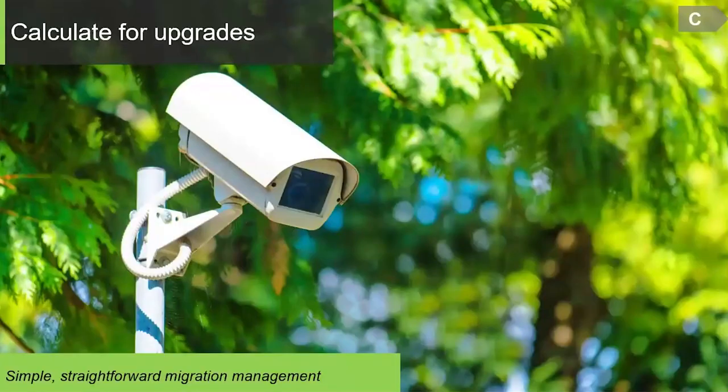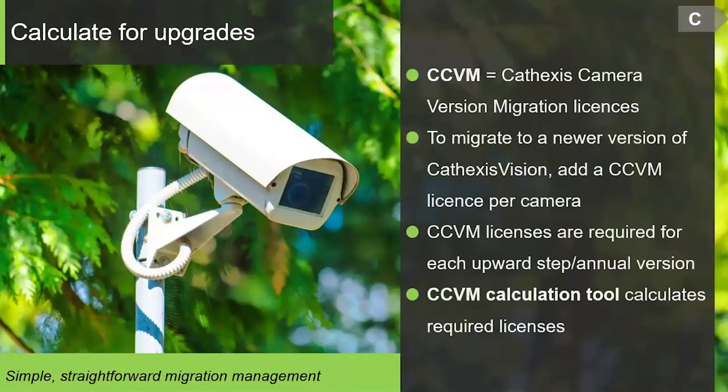So, my last slide: how do you calculate for upgrades? The Cathexis term that we use for upgrade licenses is CCVMs. CCVMs are basically Cathexis version migration licenses or Cathexis camera version migration licenses, the same thing that we spoke about a little earlier.